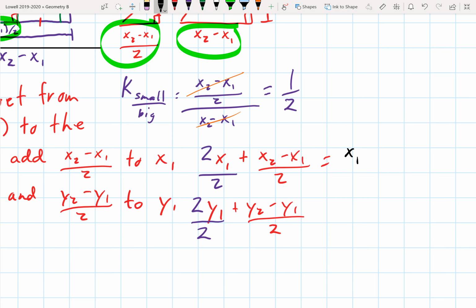So I'll have x1 plus x2 over 2, and then down here y1 plus y2 over 2.